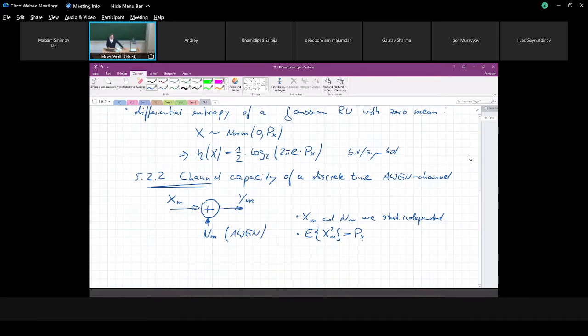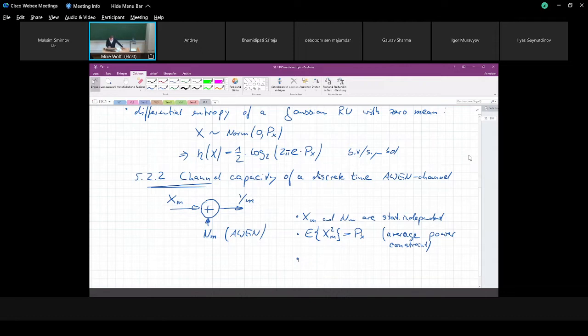So this is the second moment at the channel input, or if you want, the power. So we have an average power constraint. This is our channel input. It may have a DC, but we will see when we get the channel capacity. We define this as the power, of course.